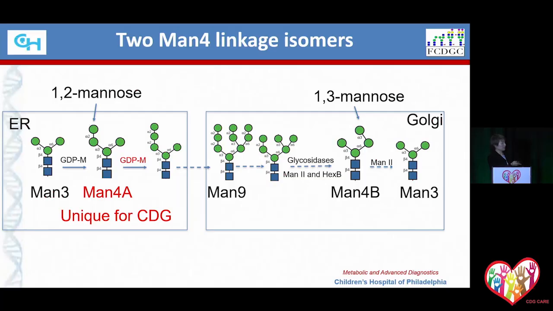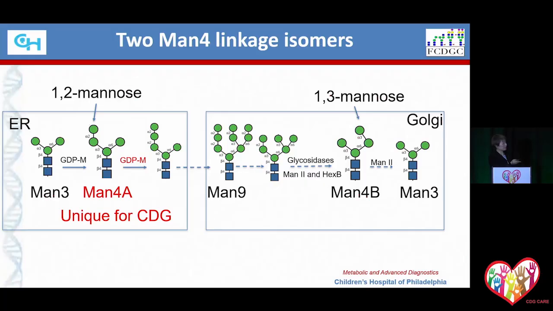Another MAN4 can actually be produced by normal people, because it comes from trimming. It is trimmed by glycosidases, mostly alpha-mannosidase 2 and hexosaminidase, and these occur mostly in the neutrophil. We all have neutrophils, so we are all able to make some MAN4. That is what normal people have.